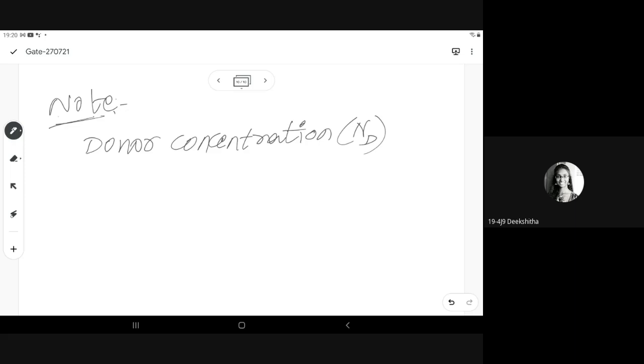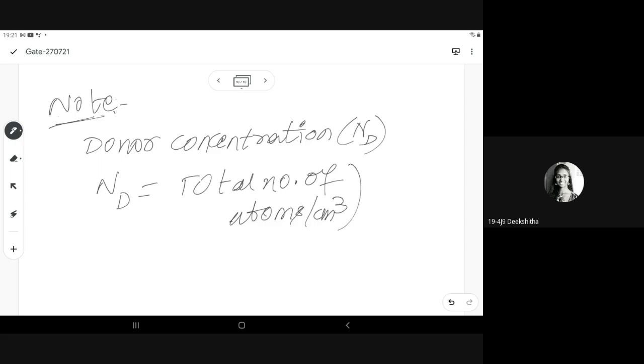So the formula to calculate the donor concentration is: the donor concentration is equal to the total number of atoms per centimeter cube into doping ratio.